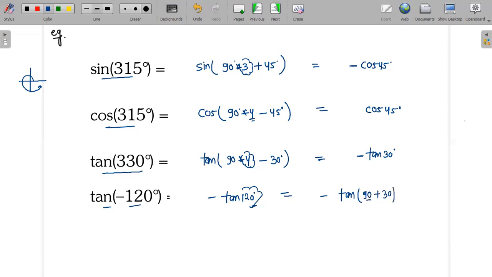It is an odd multiple of 90. So definitely your result will be in cotangent function. But 90 plus theta means you are somewhere in quadrant number 2, and in quadrant number 2 the tan function is negative. So if tan is negative, you have to open your result with a negative sign. So this negative and negative will eventually become a positive one.